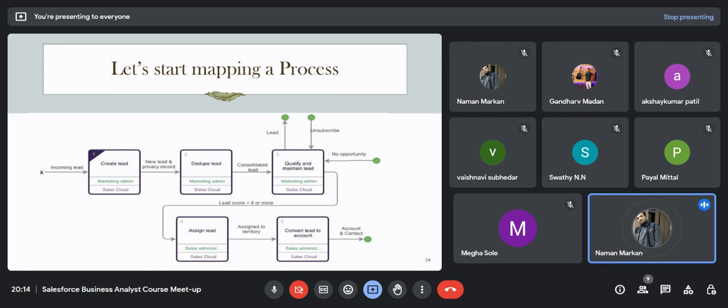All right. So as you can see on the screen, it says let's start with mapping a process. So let's break this particular sentence into different parts. Process mapping is basically a visual representation of your particular business process.